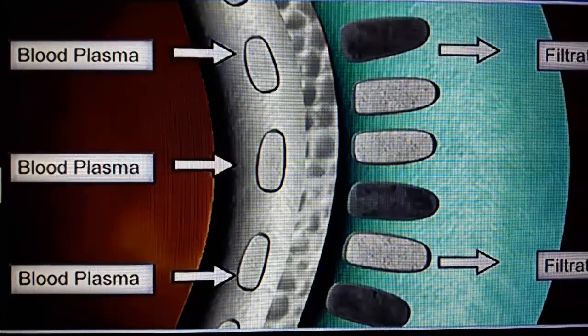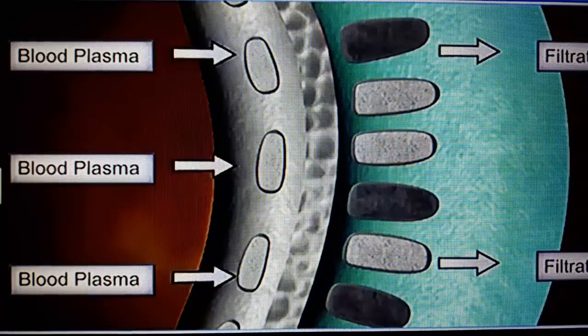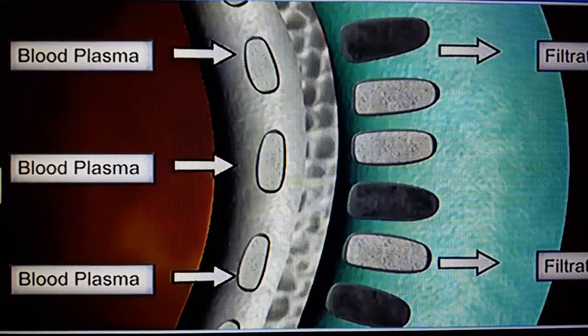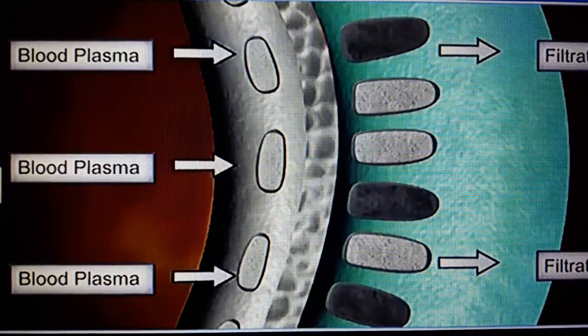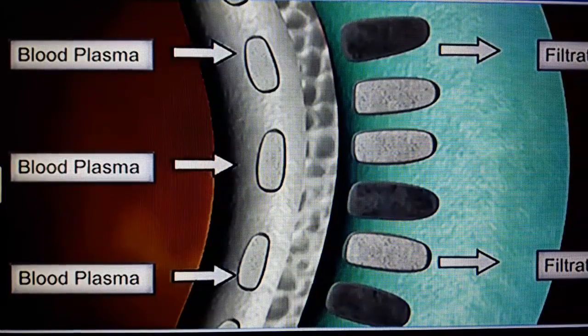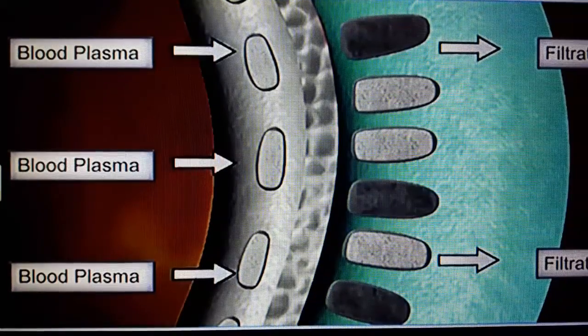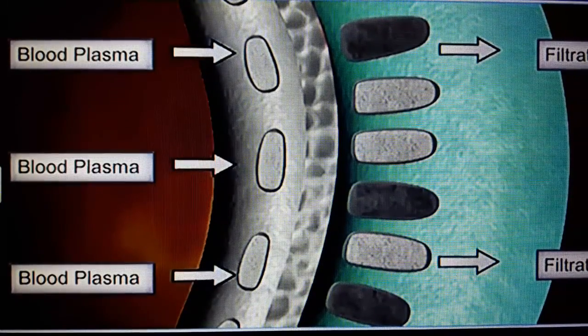It takes 4 to 5 minutes for all the blood to pass through the kidney and get filtered. So GFR of 125 ml per minute is 7500 ml per hour, 180 liters in a day.